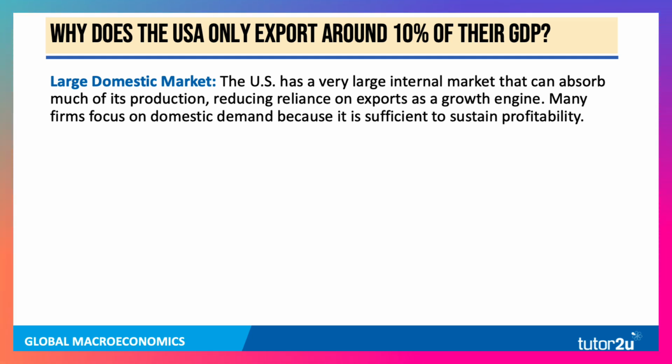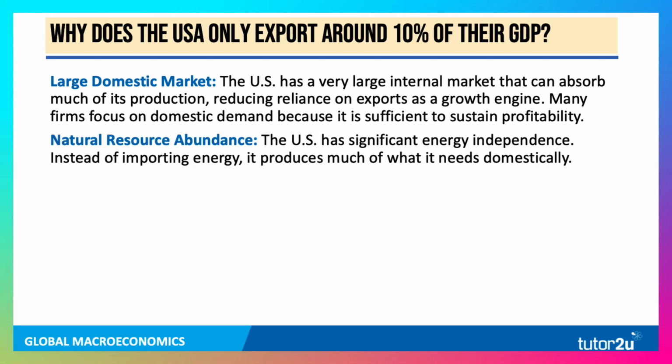They don't necessarily need to export to achieve high revenues and profits. So that tends to reduce the reliance on exports as a growth engine. And indeed, many US firms focus on domestic consumers because it's sufficient to sustain their profitability and meet the demands of shareholders.